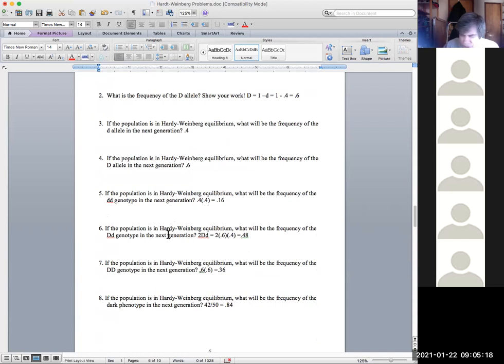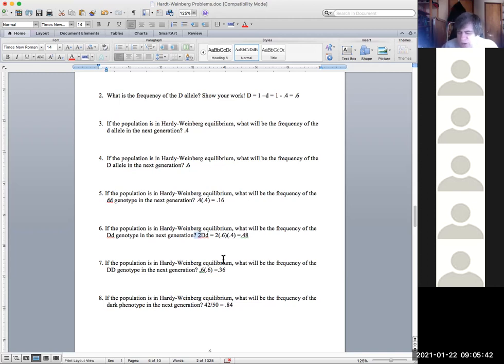What's the frequency of the big D, little d genotype? Or notice another way this question could be worded: what's the frequency of heterozygotes in the next generation? Even though it says what's the frequency of big D, little d, remember our Hardy-Weinberg equation, you've got to have that 2 out in front of big D, little d.